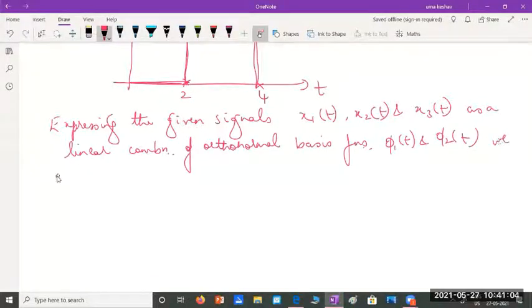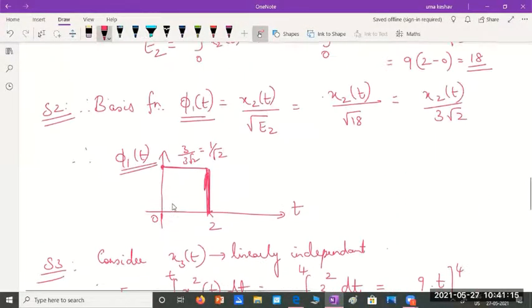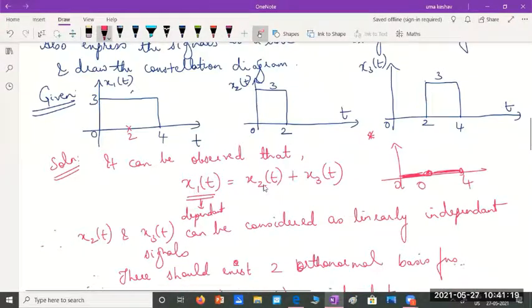We get, tell me what do you get, how do you write? x1 of t can be written as what? What is the x1 of t? Initially only we saw. It is x2 of t plus x3 of t.